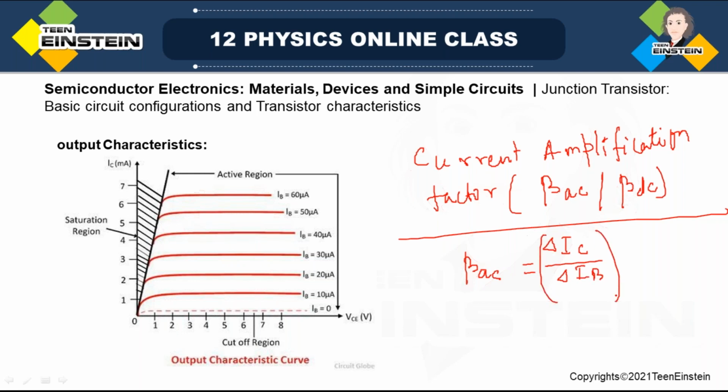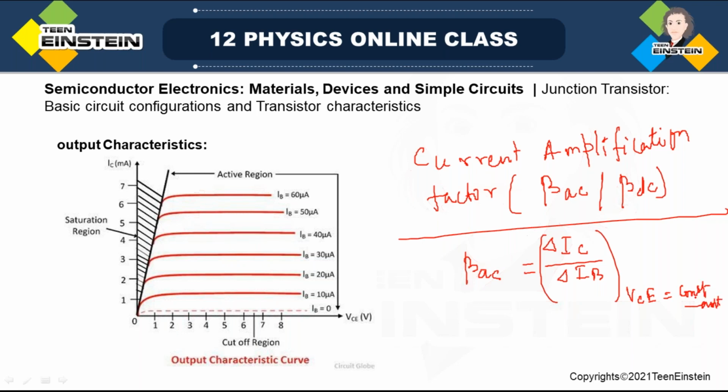And when it is obtained from output characteristics only, obviously you have to have VCE constant, some constant VCE voltage.